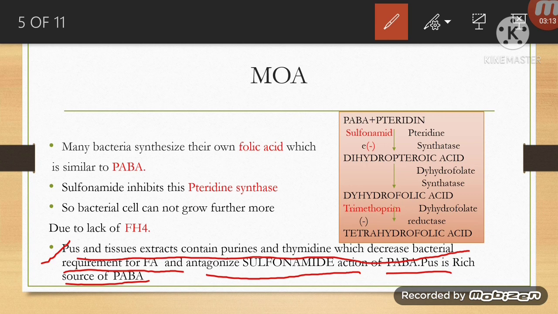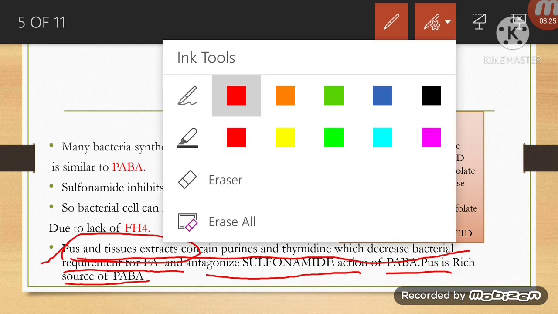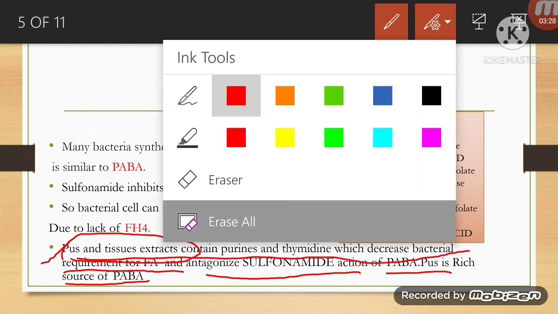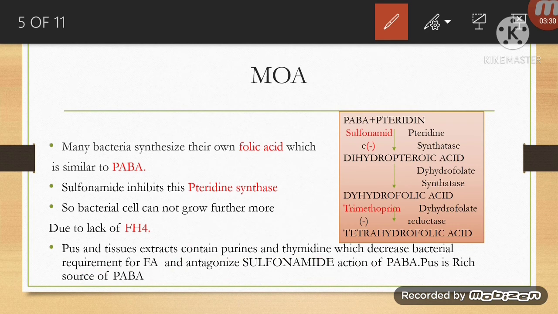Which substance contains purine and thymidine? That is pus and tissue extract. So this is the overall mechanism of action of the sulfonamides.